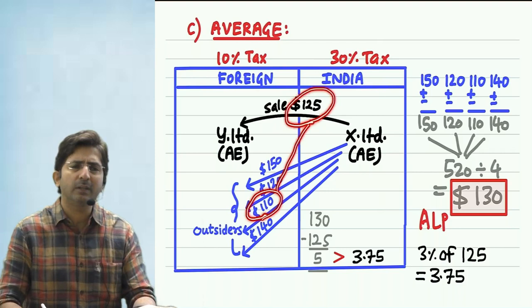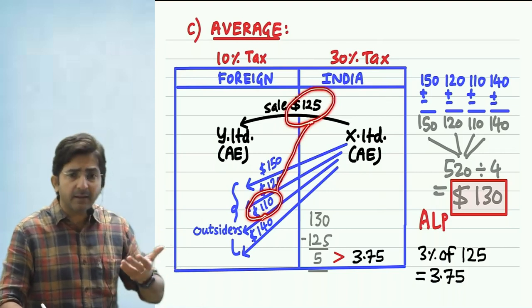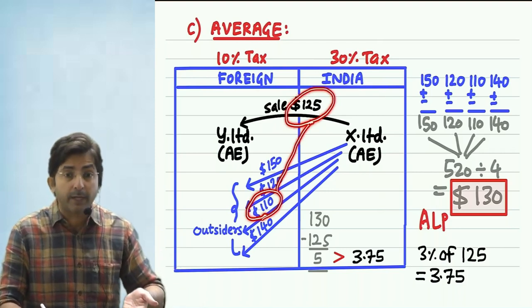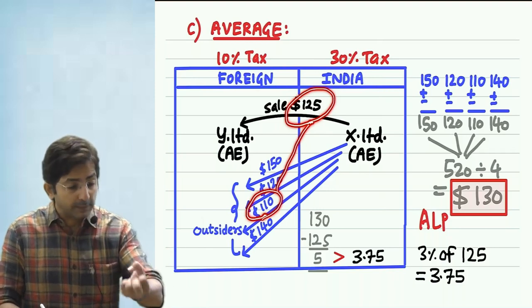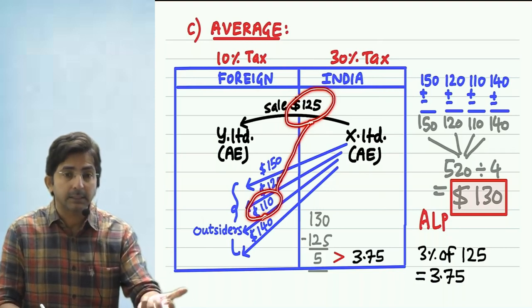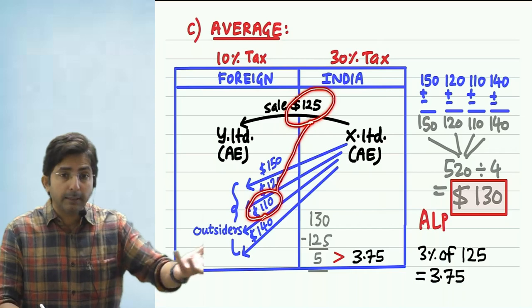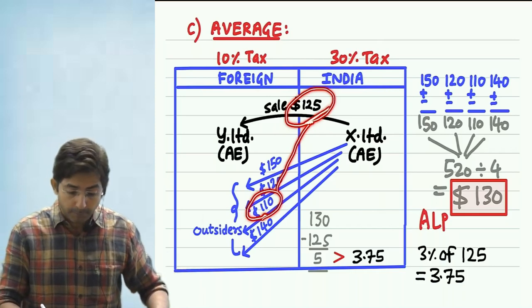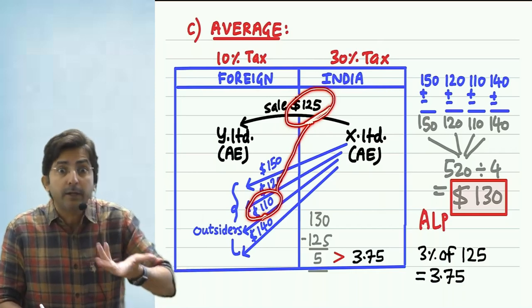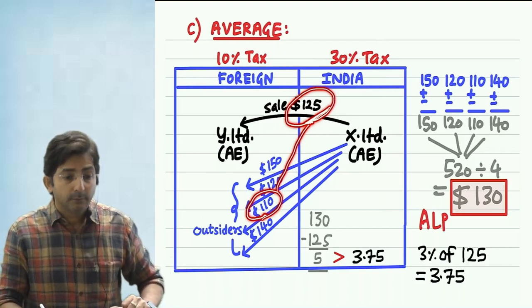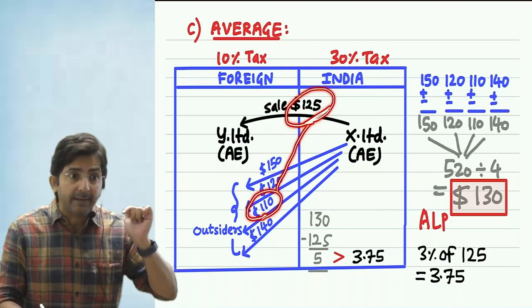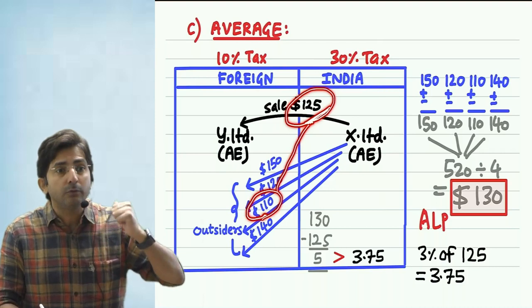Compared to 110, 125 is more. So if I stick to 110, assessee will say, see, two unrelated parties are sold for 110, but here I am showing 125, I am showing more income. So considering 110, assessee looks genuine.